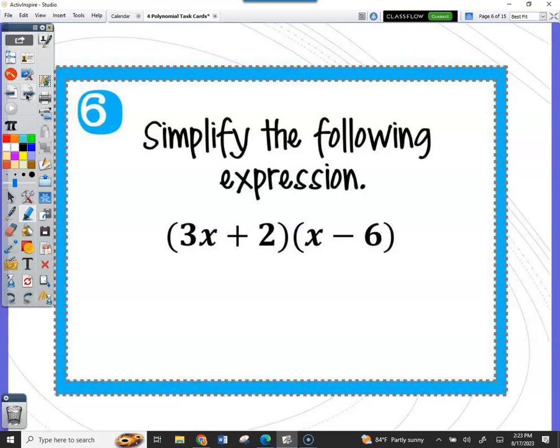Okay? So it doesn't matter which one you use. Box method, split, repeat, doesn't matter. Just show your work. So if you get it wrong, I know where I can look and try to find where you made a mistake.